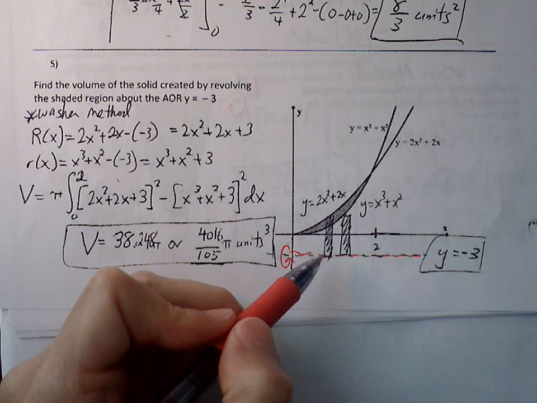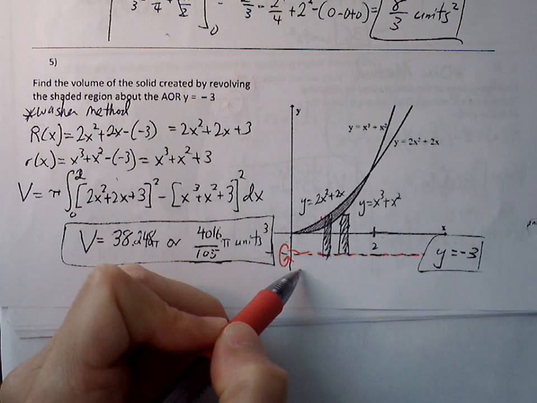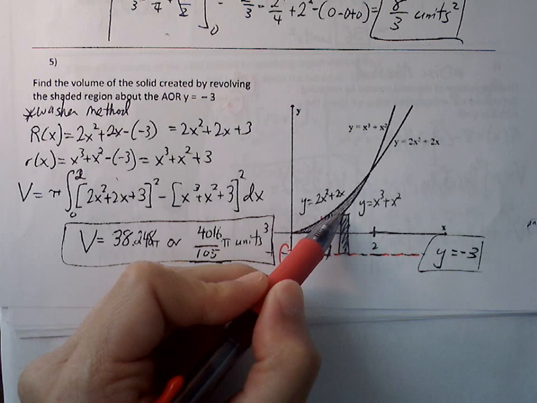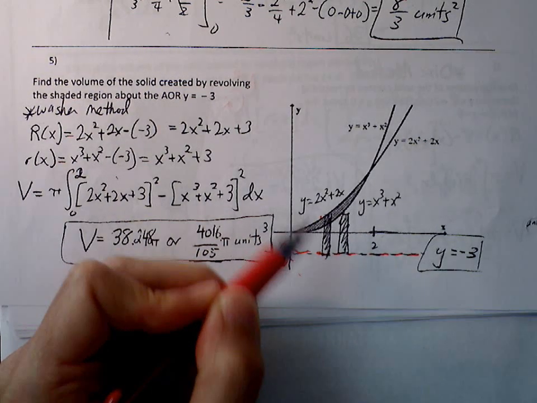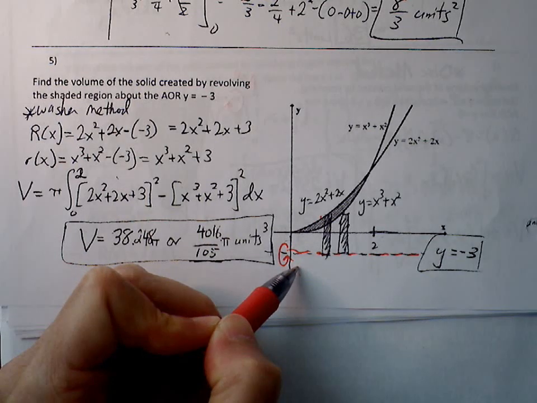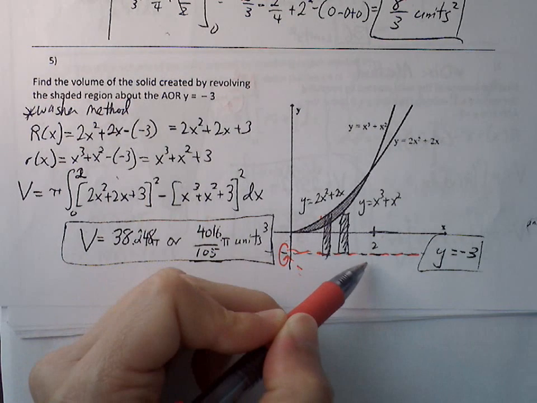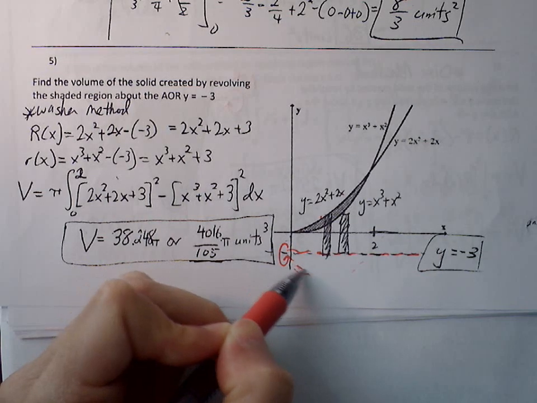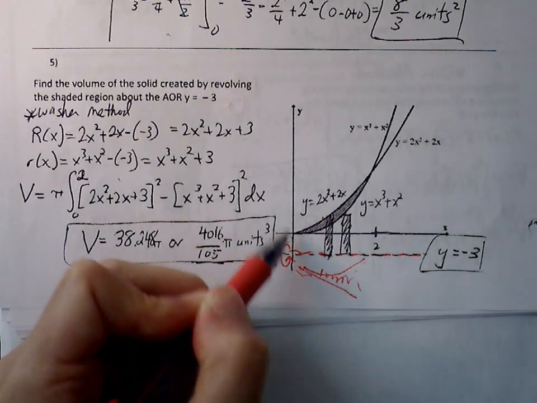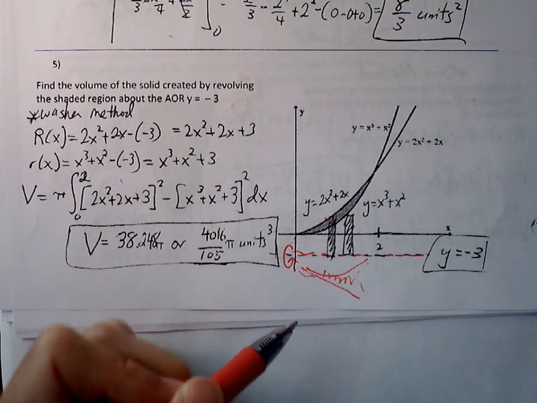One radius extends from the axis to the furthest boundary, and the other from the axis to the closer boundary. The result is going to be kind of a ring-shaped, or more like a lampshade kind of shape. After it gets rotated, there's going to be this hollow portion that we have to make sure we account for.